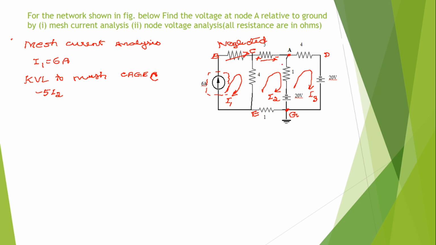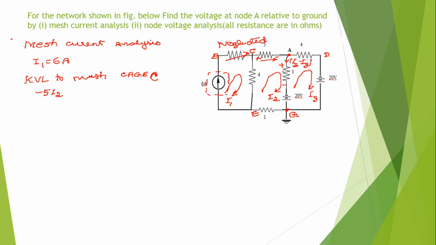Now coming to this 1 ohm resistor. Current is flowing in this branch through the 1 ohm resistor. Either it is I2 minus I3 or I3 minus I2. But as I am writing the equation for I2, I will assume the resultant current flows in this direction, and that is I2 minus I3. In this particular case, this acts as the positive and this as the negative potential.